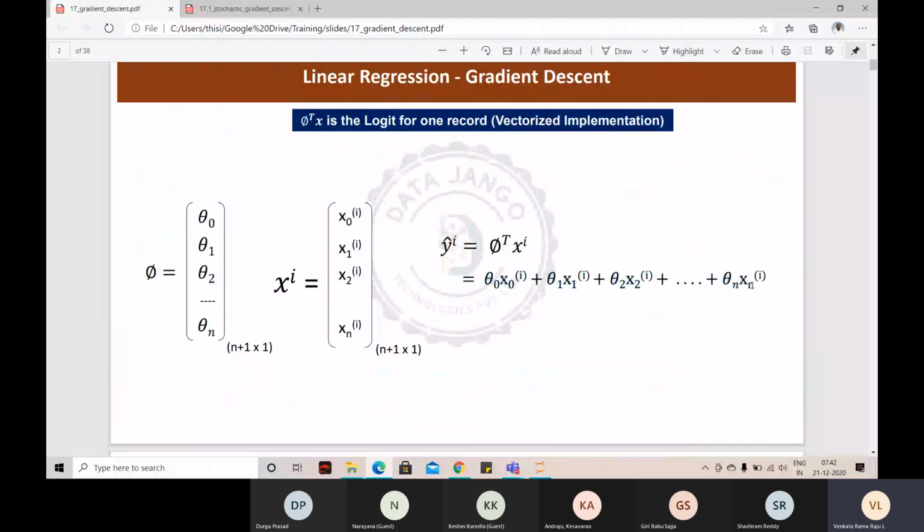Linear combination is nothing but the predicted value. In linear regression, if you know thetas, if you know x's, substitute into the linear equation, that gives you the prediction.